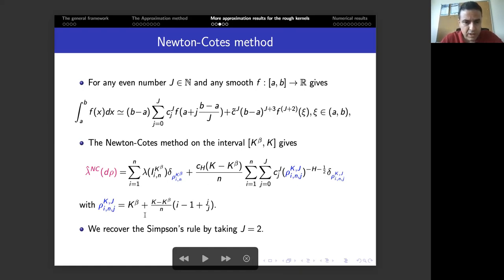The rho I weights are given by this choice on each small interval between k to the power beta and k. Of course, if you simply take capital G equal to 2, then you recover the previous setting of the Simpson rule. Okay, so this is our new approximation.